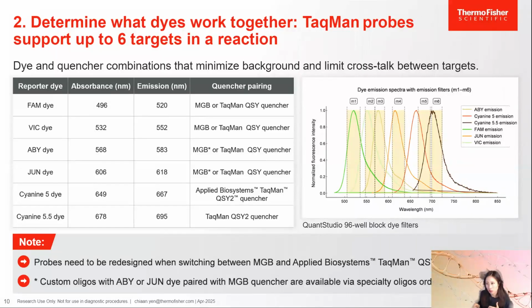So that is something you could perhaps use to your advantage when you're designing an assay that's specific to your application. Maybe you want a shorter sequence, or if you have to use a longer sequence, you might want to go with the QSY quencher, for example.